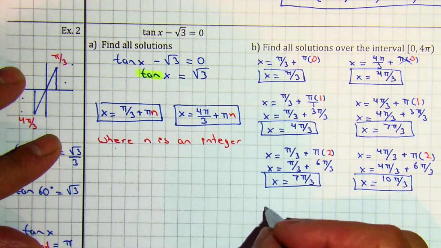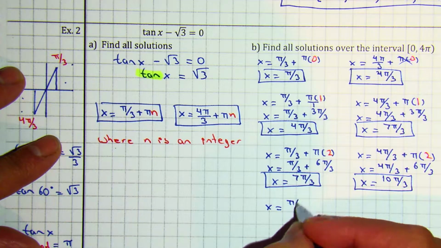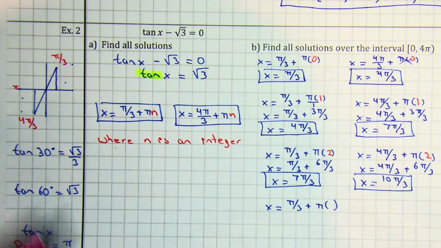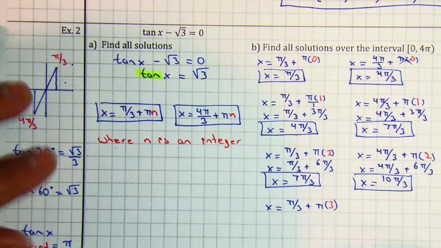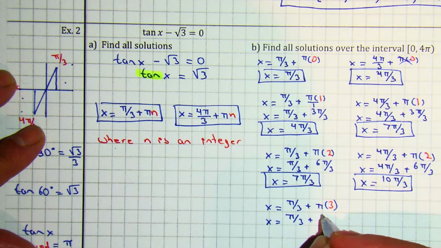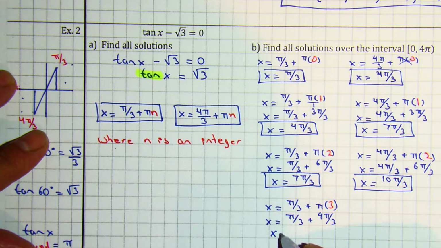Now I'm plugging in 3 for n. So this gives me x equal to pi over 3 plus 9 pi over 3, multiplied by 3. So x equal to 10 pi over 3.